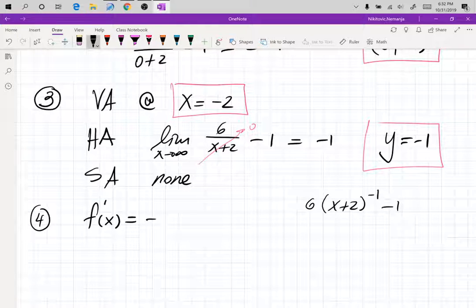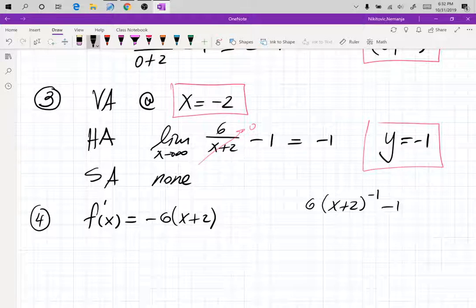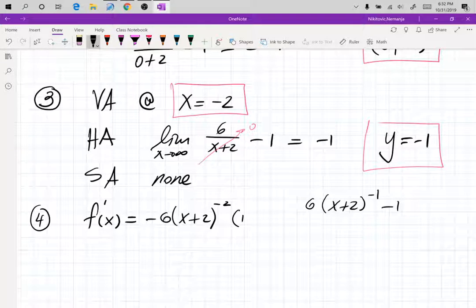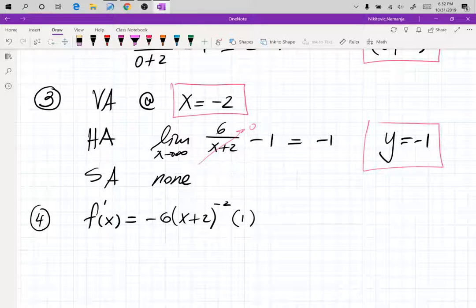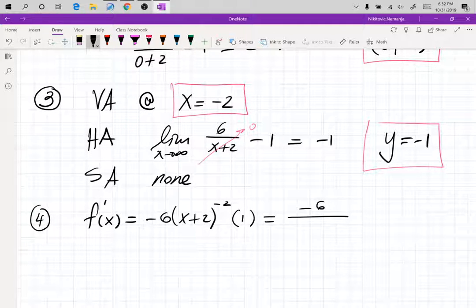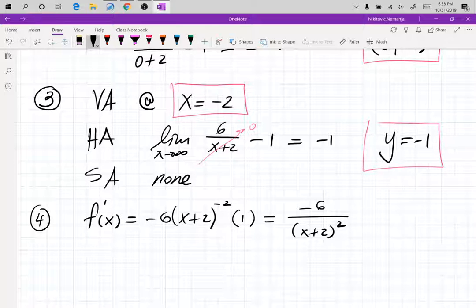So that would be -6 times (x plus 2) to the -2, and then subtract 1, and as a chain rule, the derivative of the inside is just 1. So to simplify this, you will write it as -6 divided by (x plus 2) squared. And that's your first derivative.